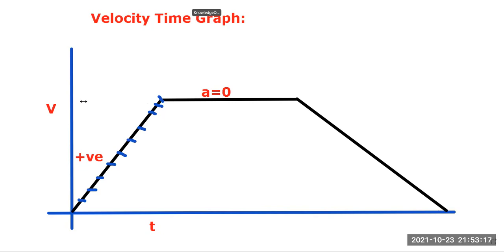So let me mark it, because this velocity is 20.